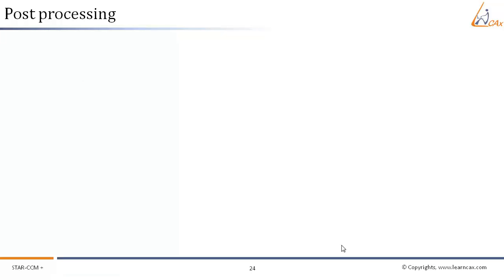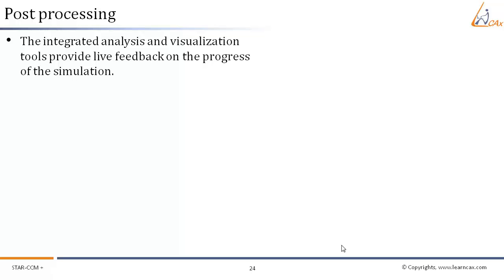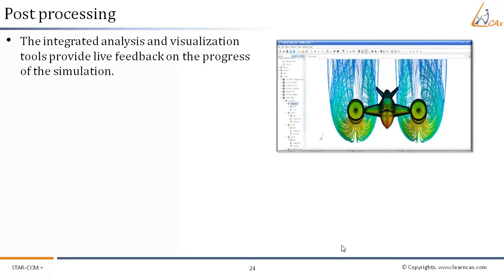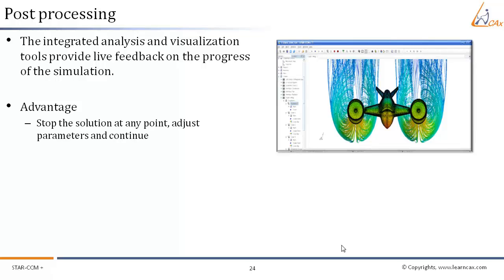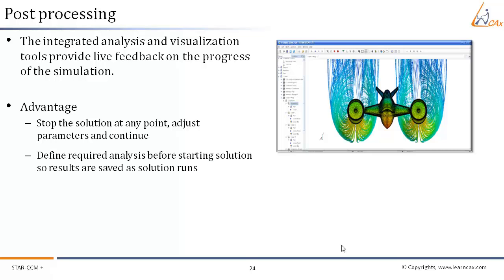Lastly comes the post-processing setup. The integrated analysis and visualization tools in STAR CCM+ provide live feedback on the progress of the simulation. There are distinct advantages of this. We can stop the solution at any point, adjust parameters and continue.